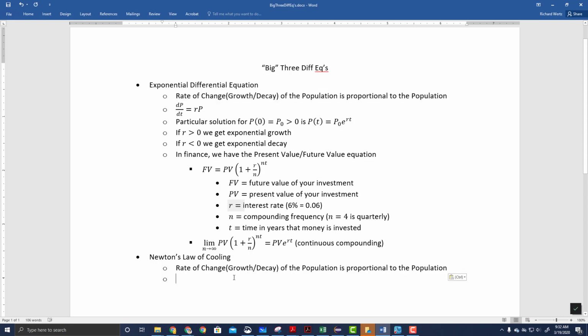I'm going to say the rate of change of a population is proportional to the difference between the population and a fixed, constant population value.